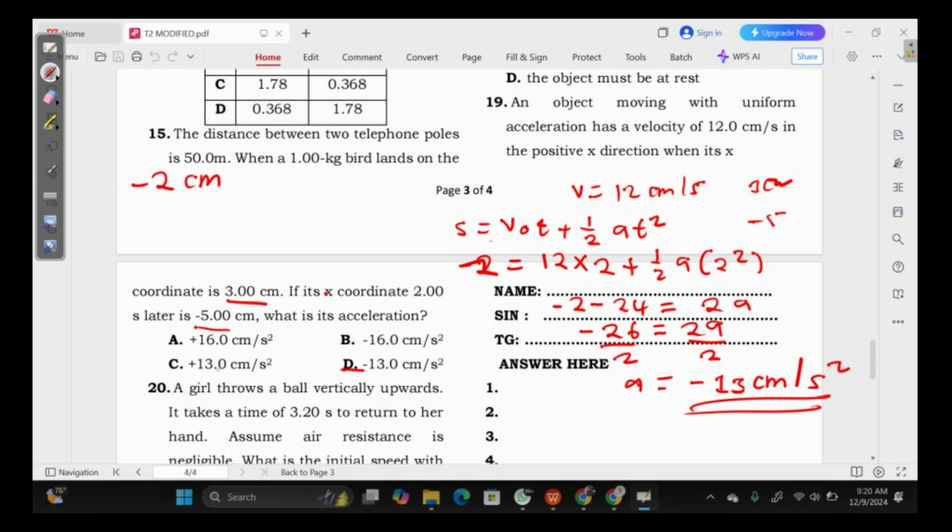This is positive. Okay. I reduced my screen. Yes, negative 13 centimeters per second squared.